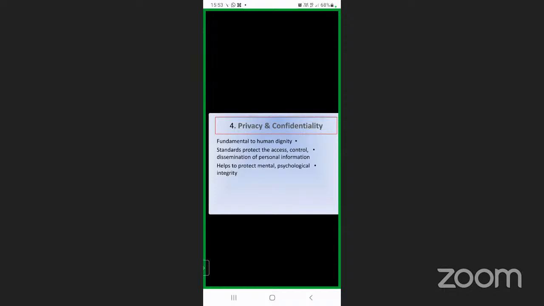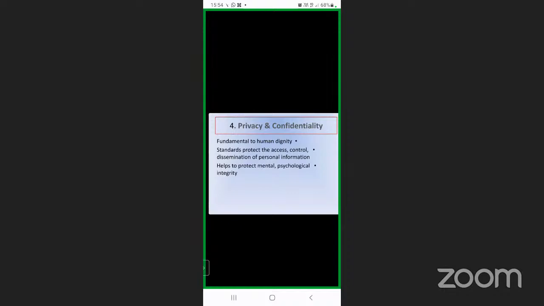So standards protect the access, control, and dissemination of personal information, which helps to protect the mental, psychological and integrity. Okay. So all these will come under the principles.